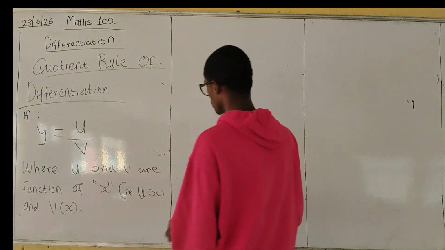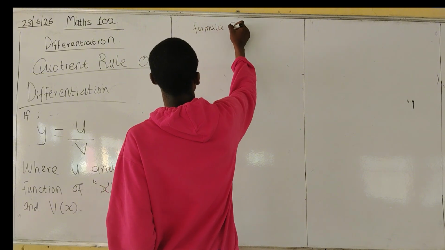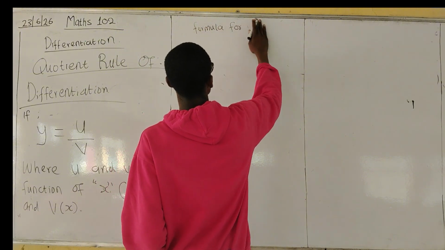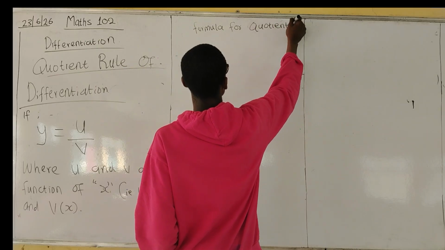So now let's go with the formula for the quotient rule. The last time I used an example to state the formula, but let's go with the formula now.